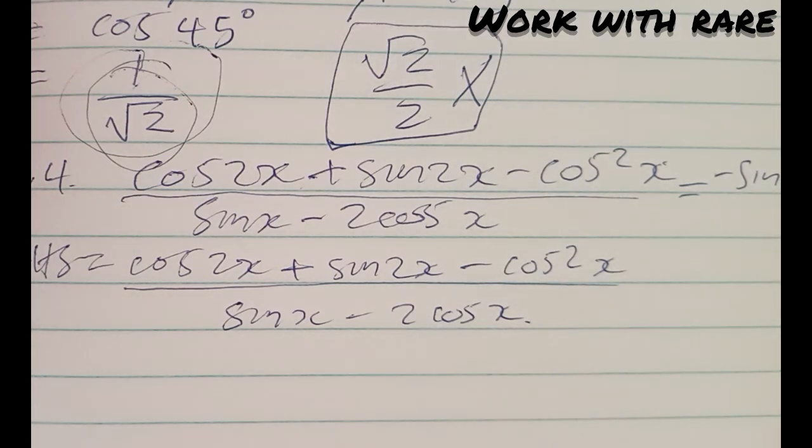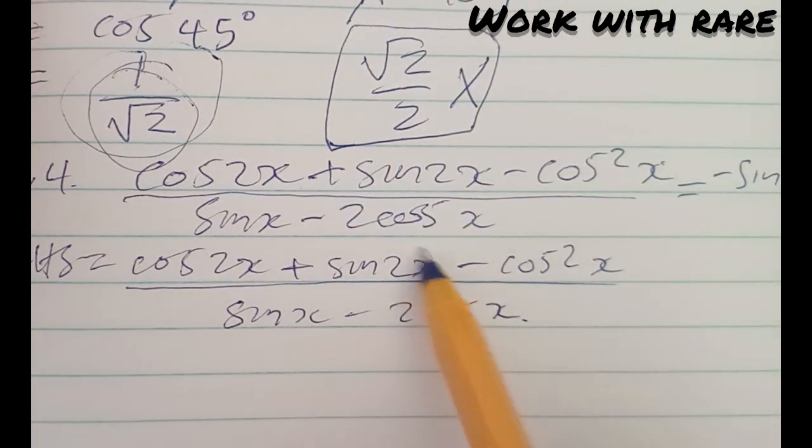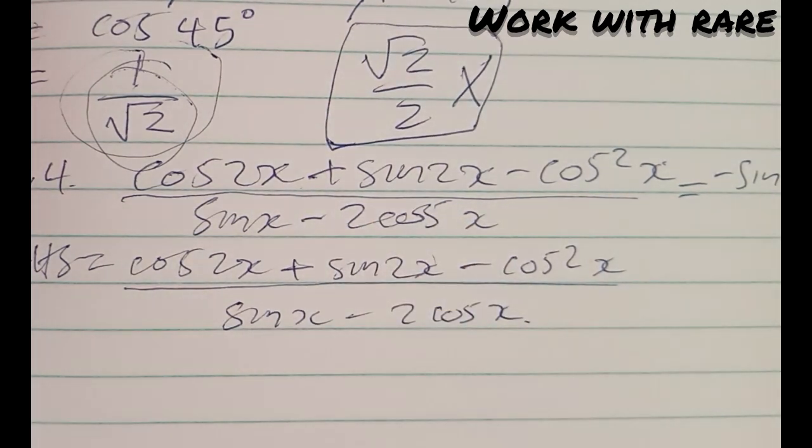But look here, for sine 2x, it's only 1. It is 2 sine x cos x. That's how it is.